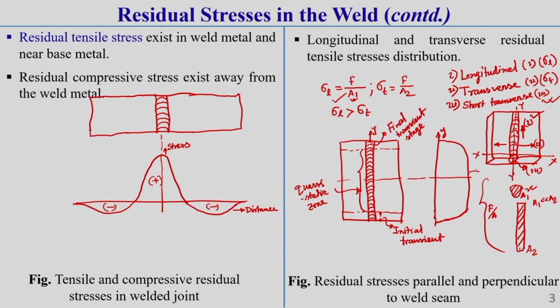Let this be the longitudinal residual stress sigma L. Now, what will be the transverse residual stress? Throughout the weld zone, its distribution is like this. Just roughly I am drawing the transverse residual stress distribution. Its magnitude is much lesser than the sigma L value.